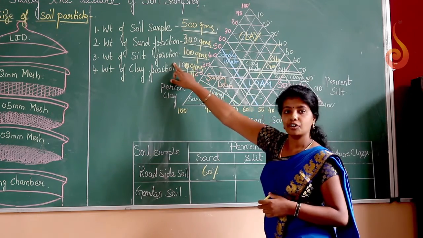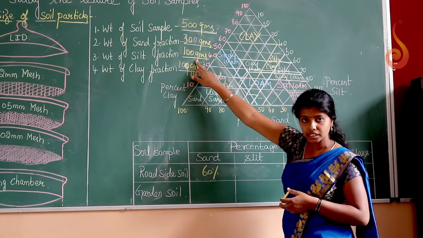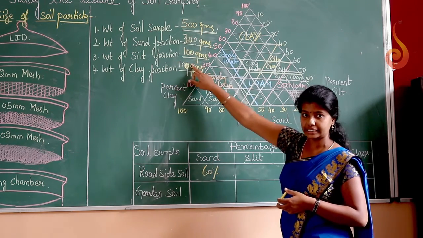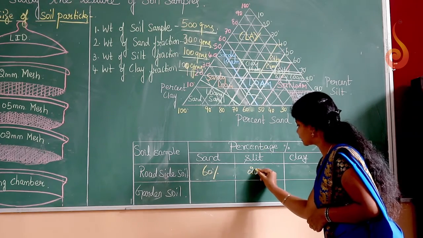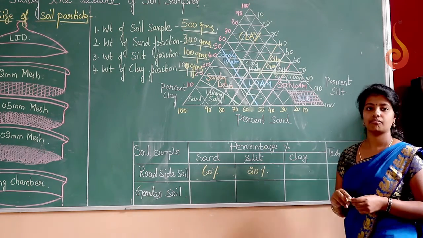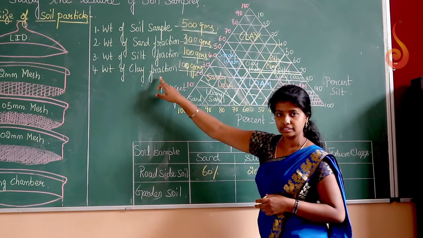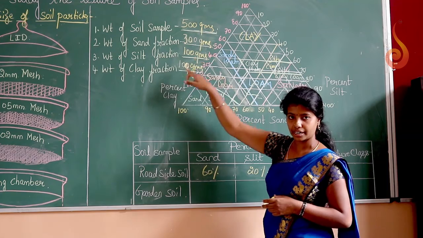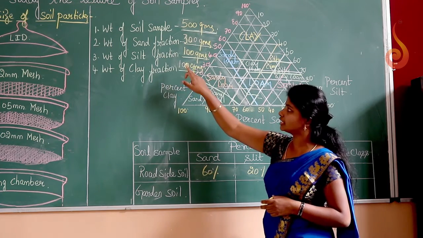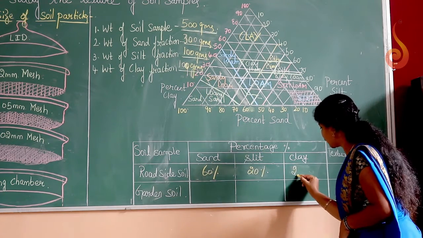Then the weight of the silt fraction is equal to 100 grams, so the percentage of silt in the given soil sample will be 20%. The weight of the clay fraction is 100 grams out of 500 grams, so the percentage of clay will be 20%.